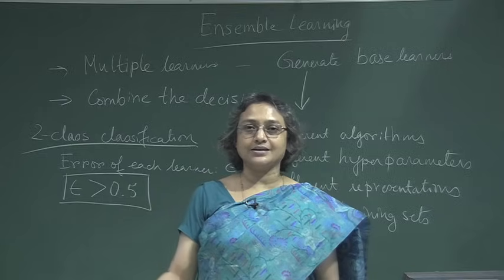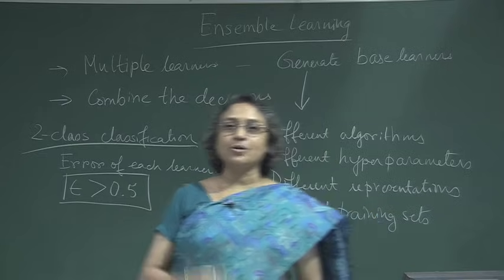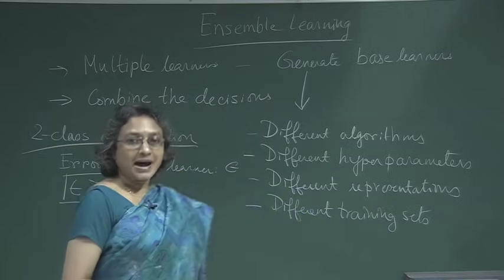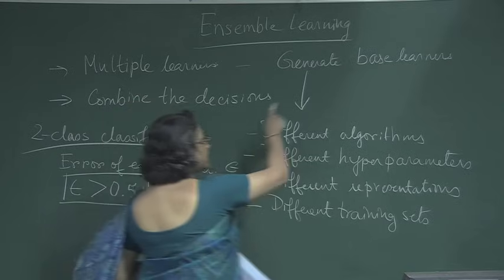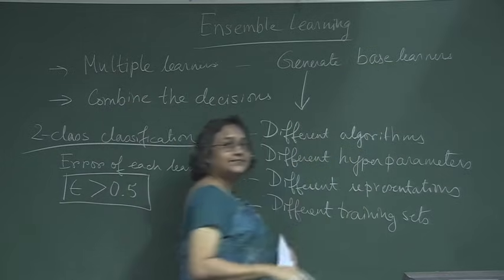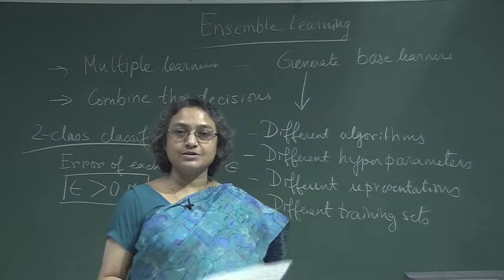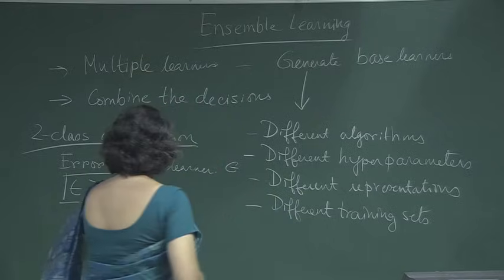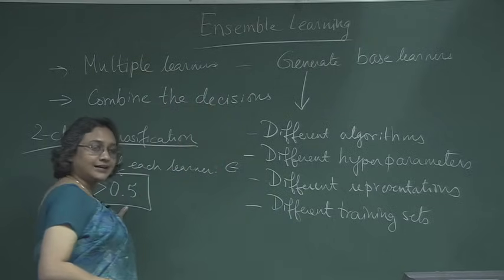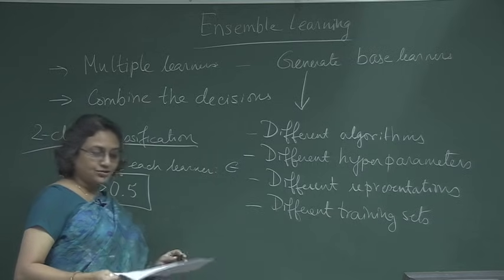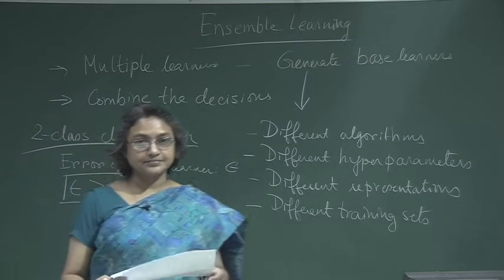It has to be higher than 0.5, but it need not be very high. If these different base learners satisfy certain independence conditions, then it is possible to combine weak learners, each having error less than 0.5, in order to get a very strong learner.